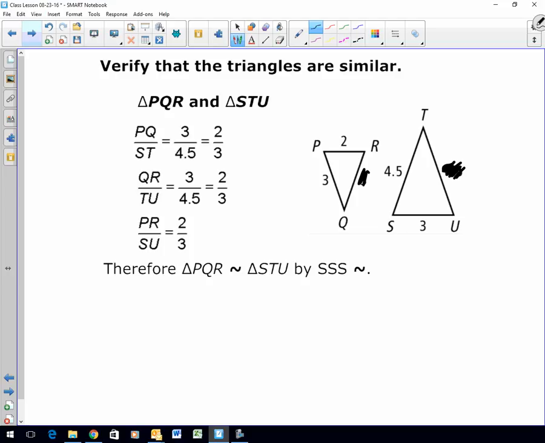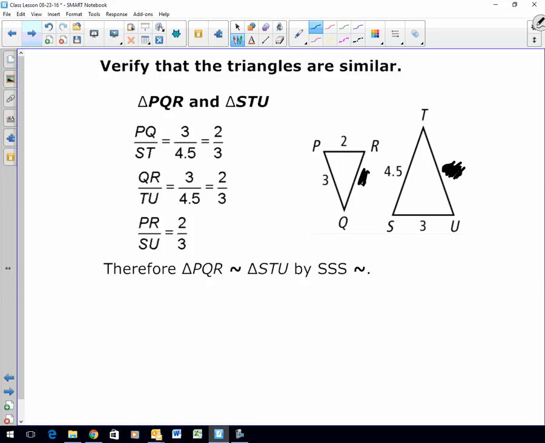Here's a dead giveaway. If I've only got two side lengths of the triangles, can I use side-side-side? No. Logically, if I only have two of the three sides, I'm not going to be able to use side-side-side. I've got to have all three sides.